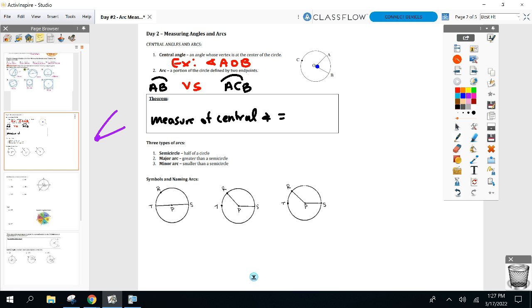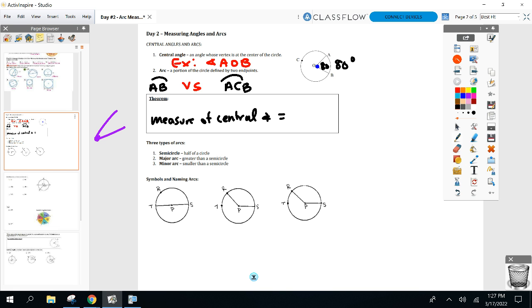Yep. And we can measure an arc in degrees. So we could say, hey, arc AB is 60 degrees. Could be 80 degrees, 100, who knows? But we can measure an arc in degrees, how many degrees out of 360 it is. The measure of that arc is the same as the measure of the central angle. So if the central angle is 80 degrees, the arc also measures 80 degrees. That's the first theorem I'm showing you.